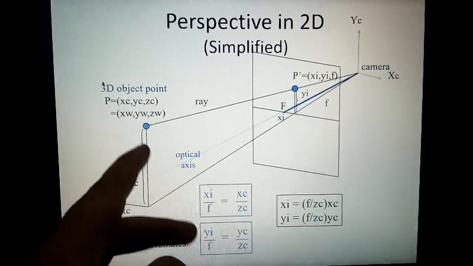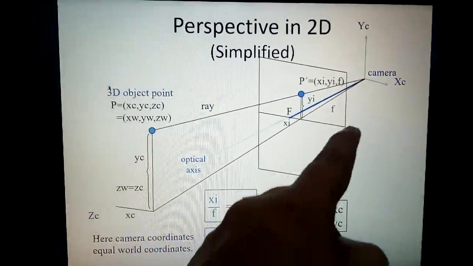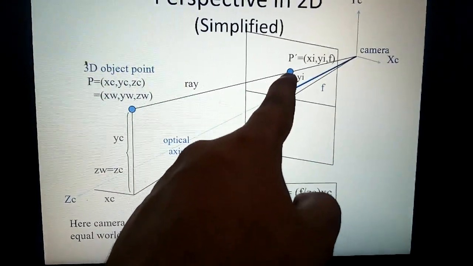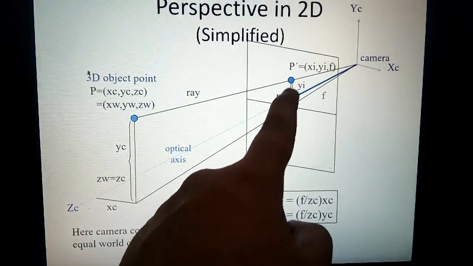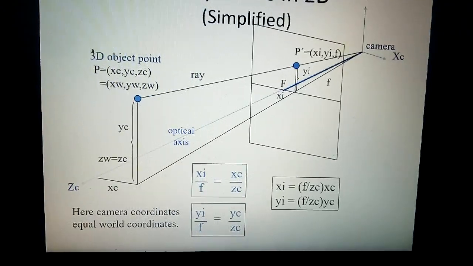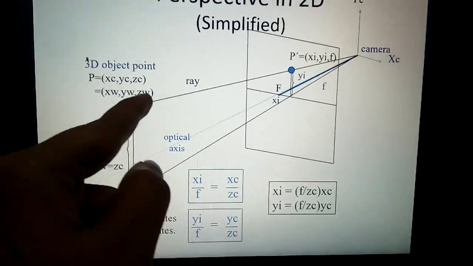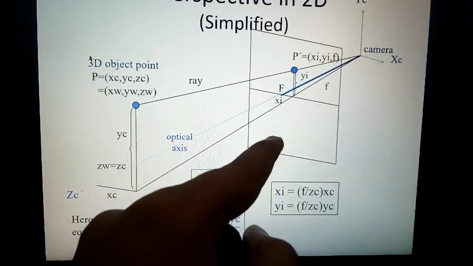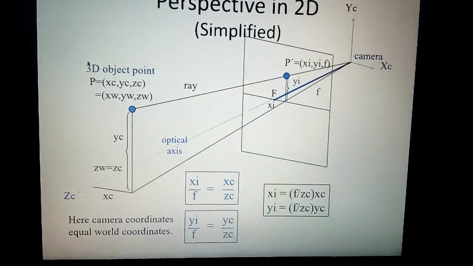Similarly, here this is an object, this is the screen on which the image is being formed, and this is the camera. These also form similar triangles, as in the previous slide.